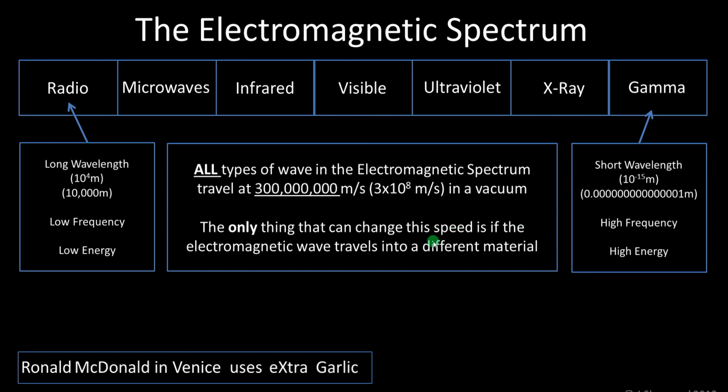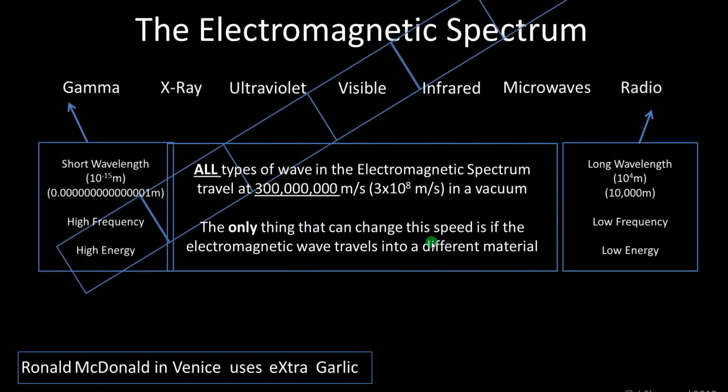It can slow down from this speed in vacuum. But if you're ever asked a question about what speed waves are moving, if it's electromagnetic waves, one of the types on this list, and they don't talk about which material it's in, it will always be this same speed. You cannot change it by doing anything.